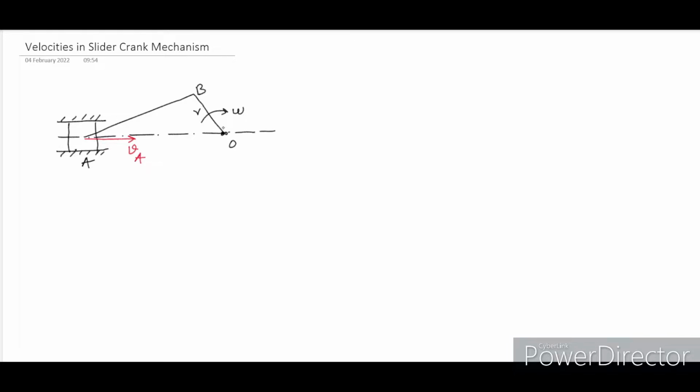For point B, the velocity relative to O will be perpendicular to OB. Let's say it is VB, which is equal to omega dot R, omega multiplied by the link length R.